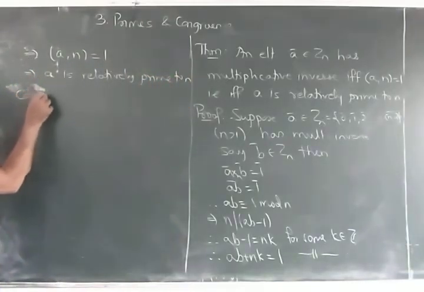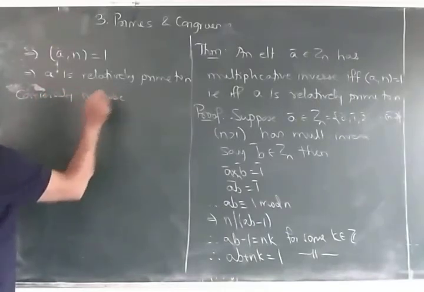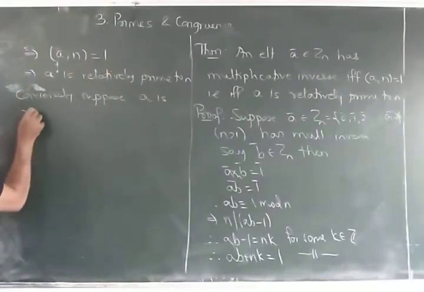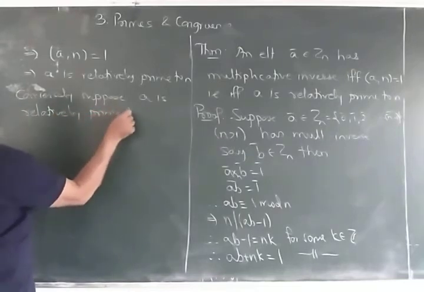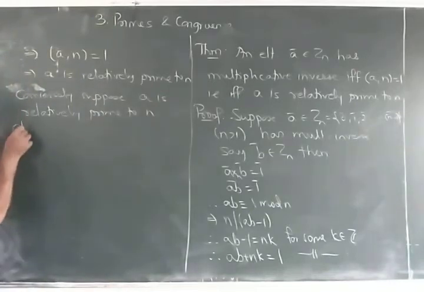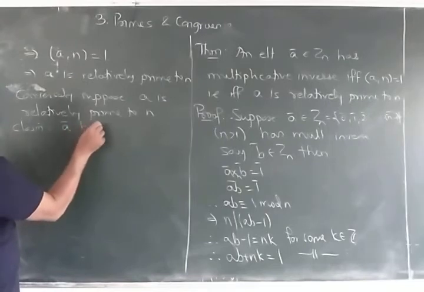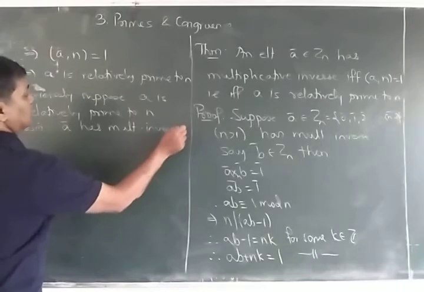Conversely, suppose a is relatively prime to n. Claim: a bar has a multiplicative inverse in Zn.